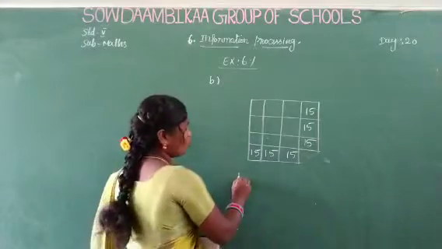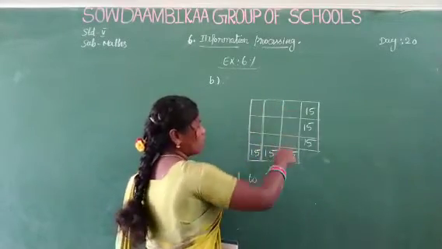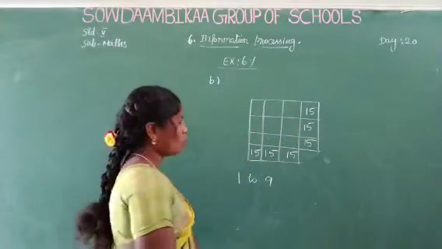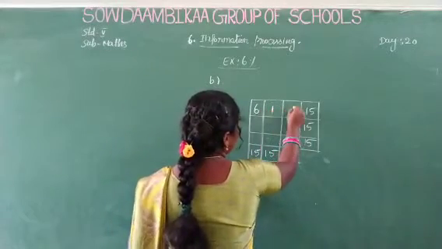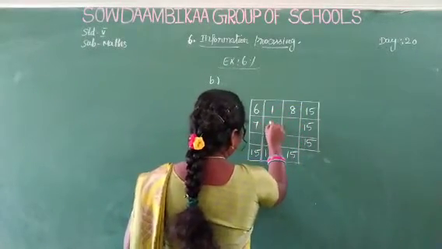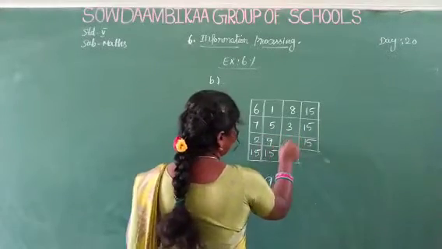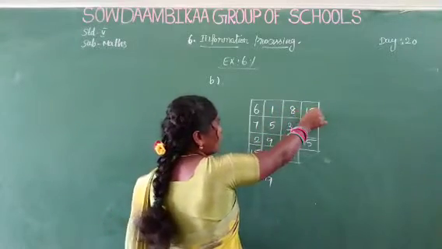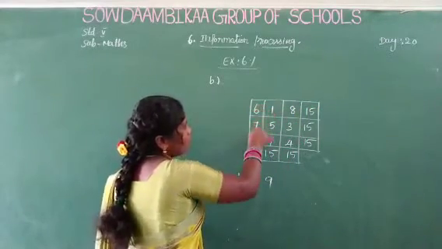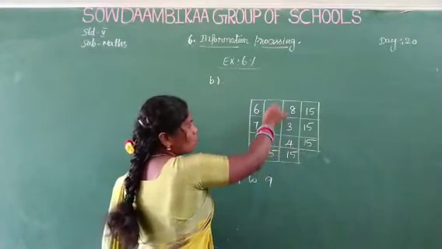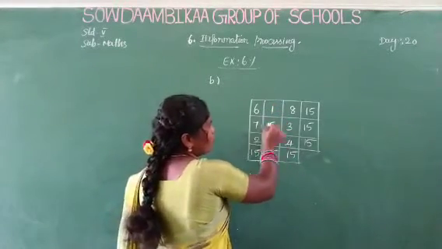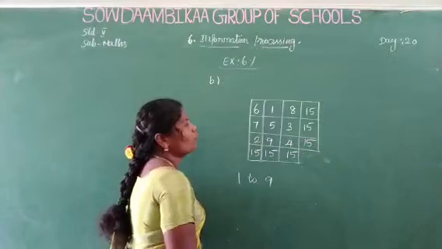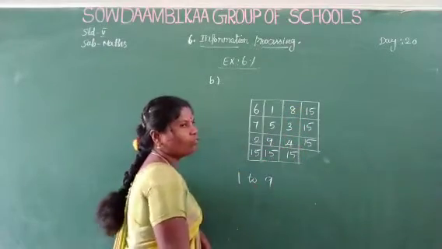You arrange the numbers 1 to 9 in this box, and get the answer 15 for the horizontal squares and vertical squares also. Now arrange the numbers 6, 1, 8, 7, 5, 3, 2, 9, 4. Now check the answer. 6 plus 1, 7. 7 plus 8, 15. 6 plus 7, 13. 13 plus 2, 15. 9 plus 1, 10. 10 plus 5, 15. 7 plus 3, 10. 10 plus 5, 15. 2 plus 9, 11. 11 plus 4, 15. 8 plus 3, 11. 11 plus 4, 15.